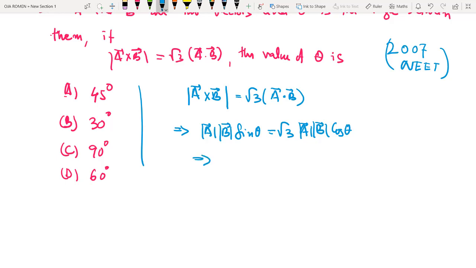So tan theta equal to root 3, therefore theta equal to tan inverse of root 3, that is 60 degree. So D is the answer.